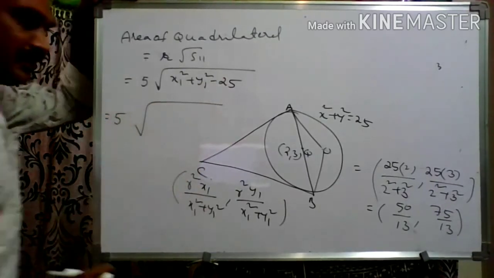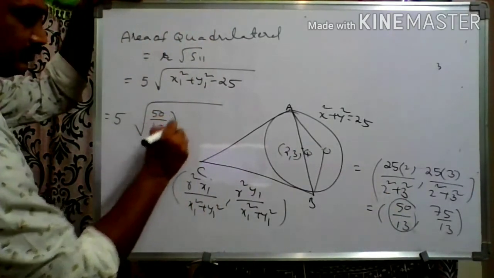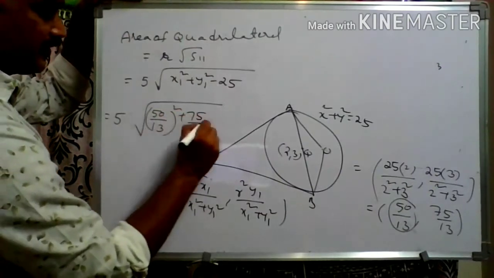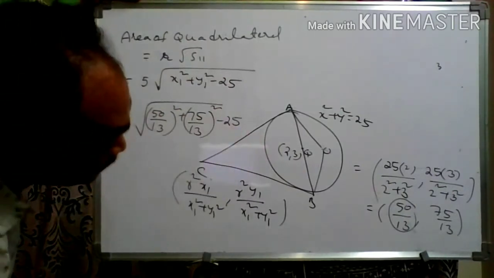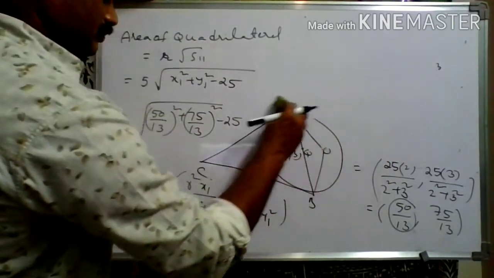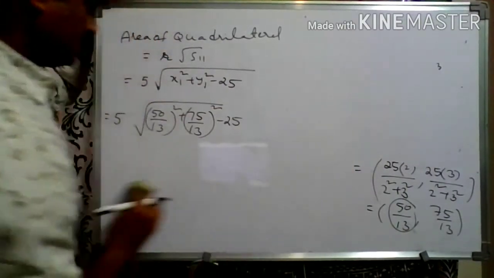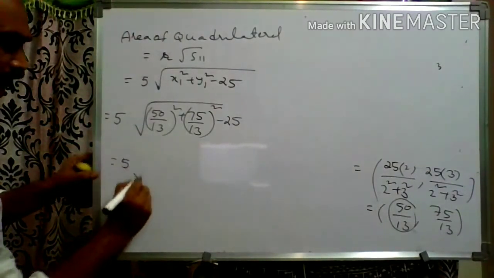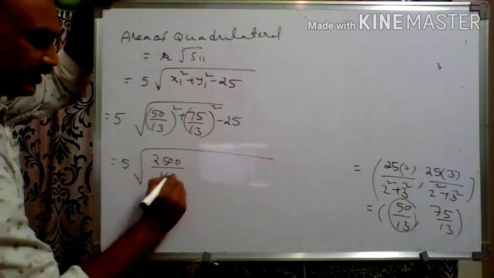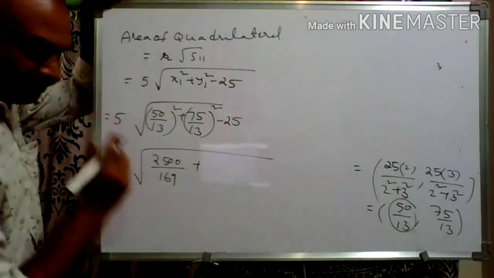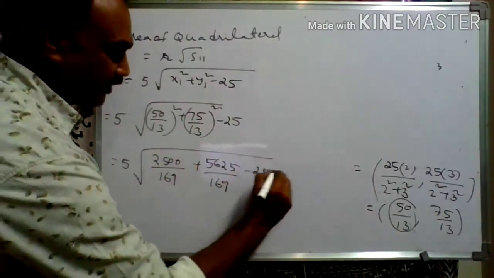root of, students, what is (x1, y1)? This is (x1, y1): (50 by 13) whole square plus (75 by 13) whole square minus 25. So 5 into root of (50 by 13) whole square, 2500 by 169, plus 75 whole square, which is 5625 by 169, minus 25.